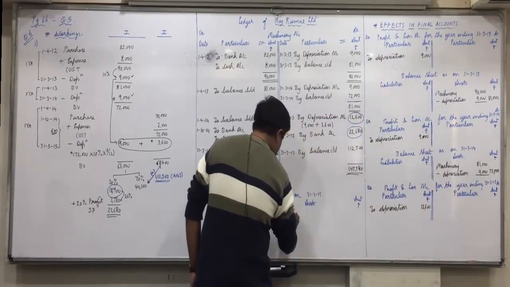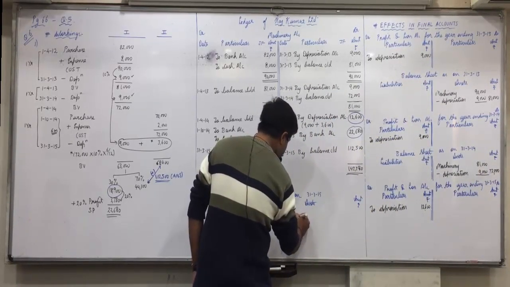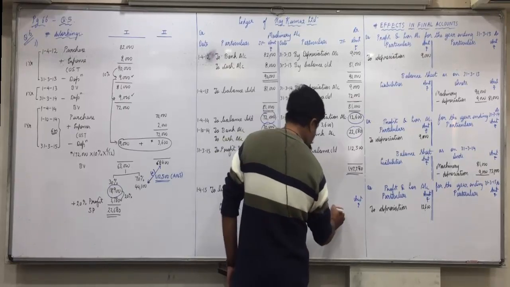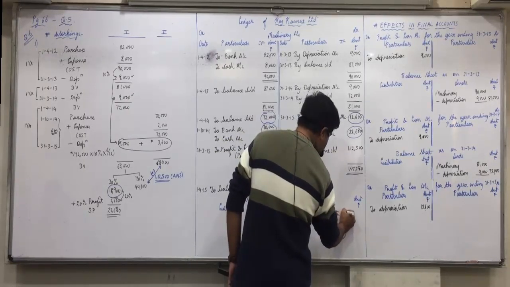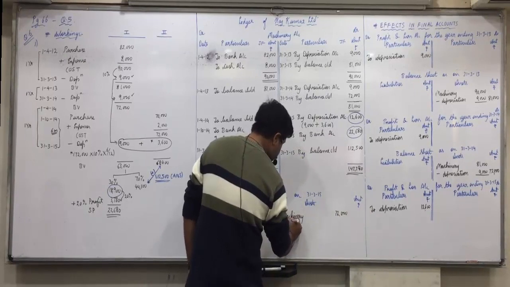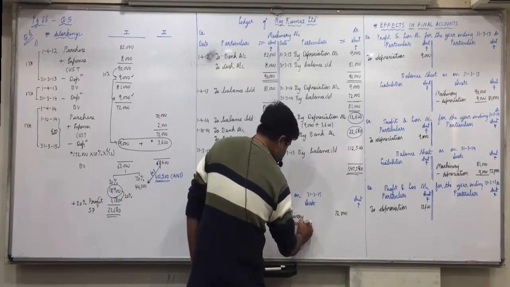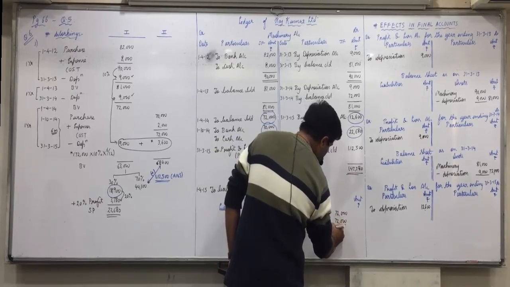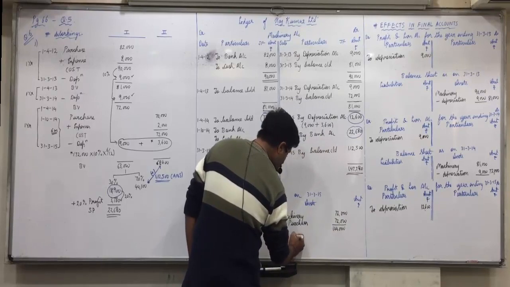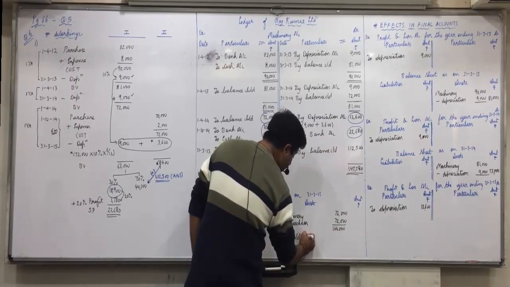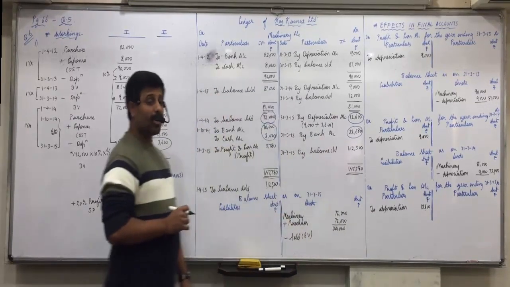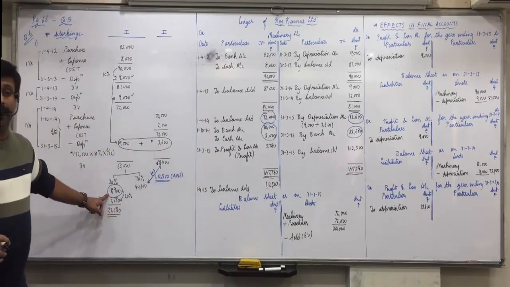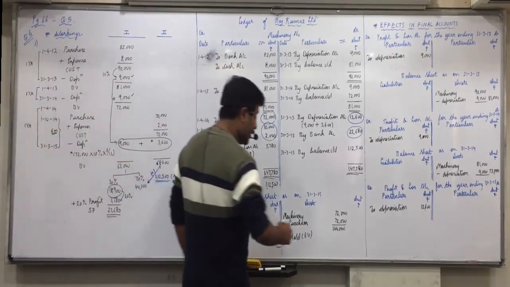So asset side machinery, first balance of 72,000 plus purchases 72,000. So 1,44,000 minus sold in bracket BV. What is the book value of the asset which is sold? 18,900.